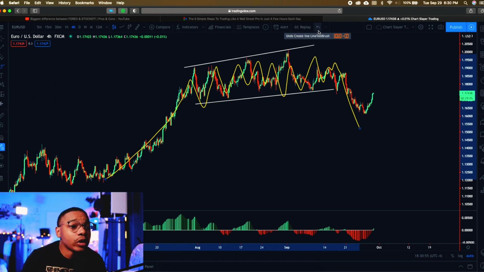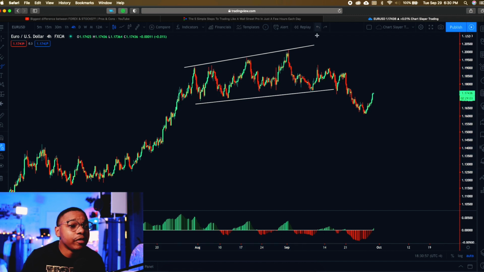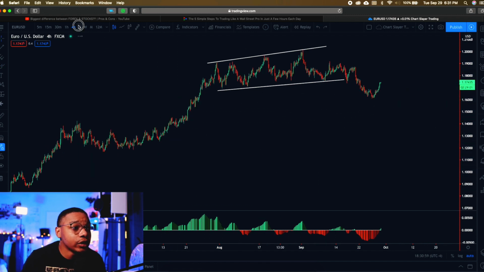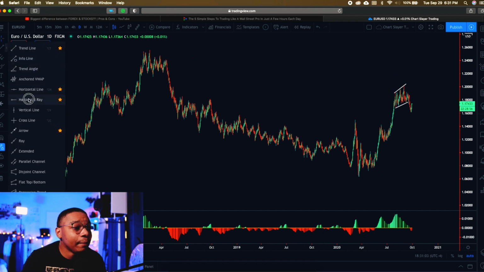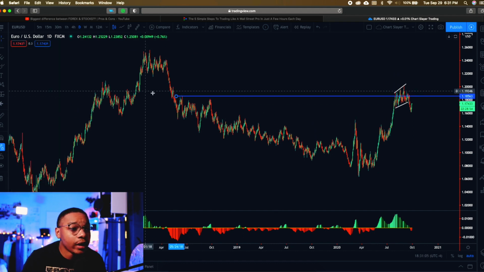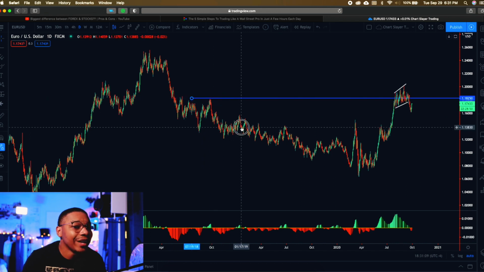So you want to focus on those higher structures. But let's focus on where this specific ascending channel is, right? This ascending channel is at a major resistance level right here. A major resistance, you could argue that it's right here or right here. It's personally up to you, because they're in the same level.